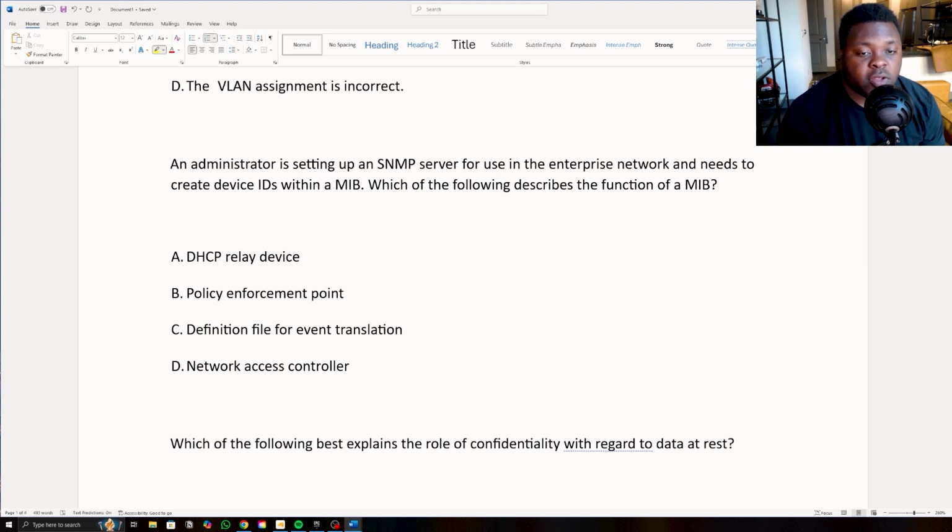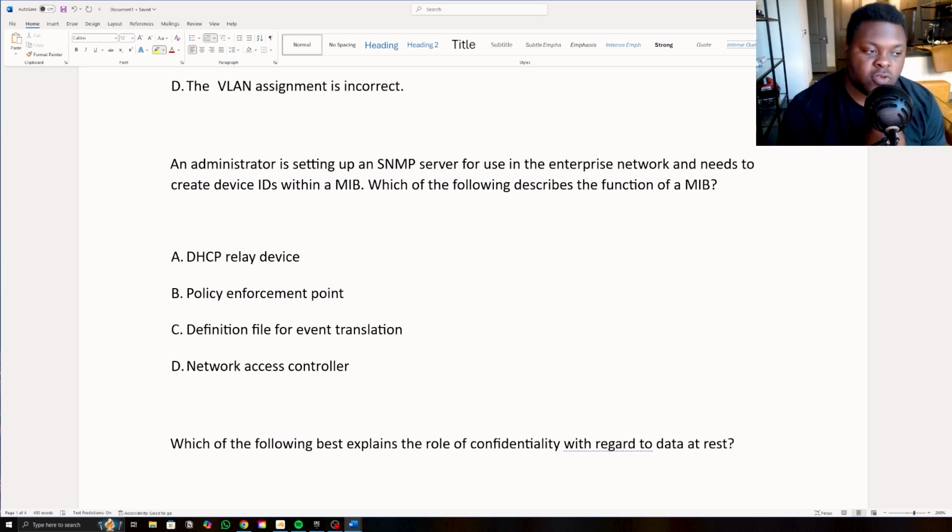What describes the function of it? So a MIB is used to manage entities on a network, and it is used by a simple network management protocol server to translate events to a readable format, and that would allow administrators to monitor network devices and network events.